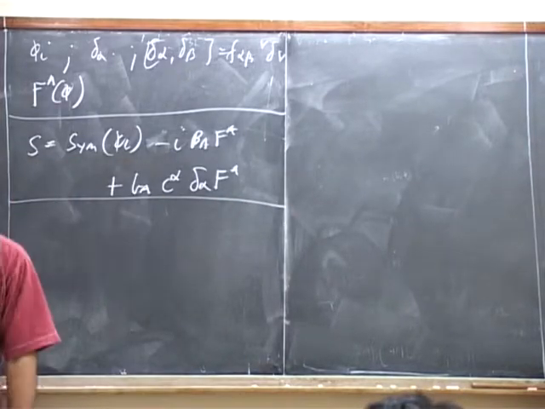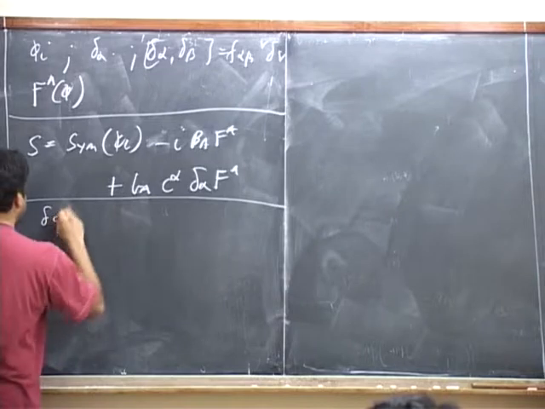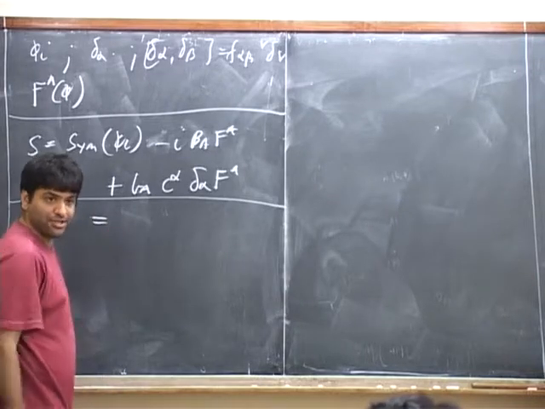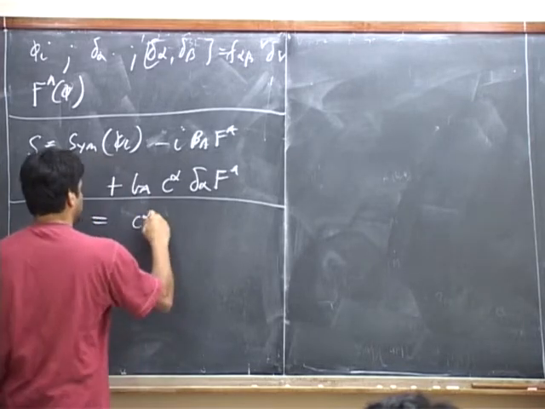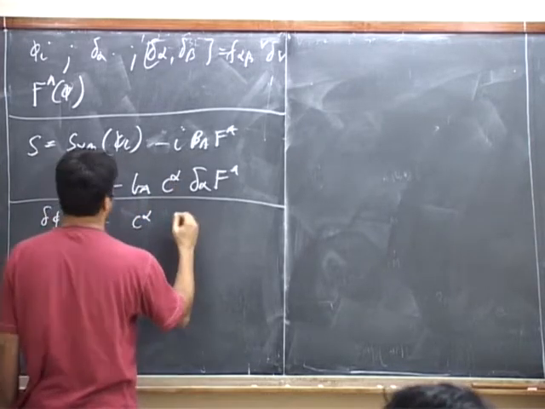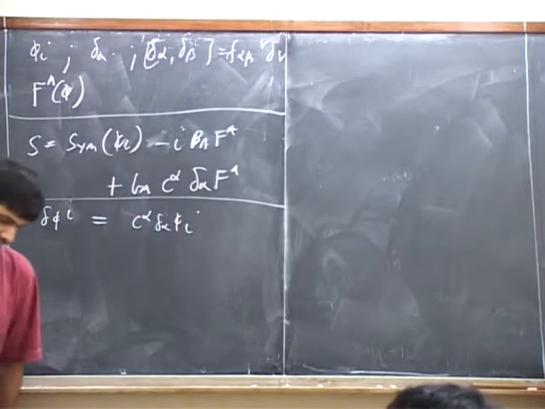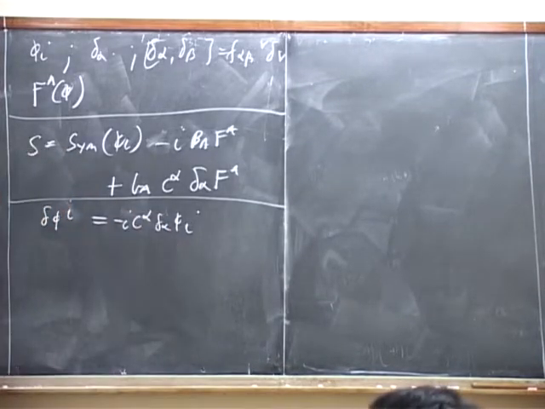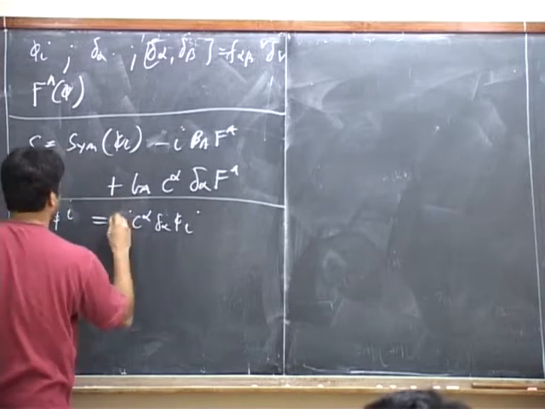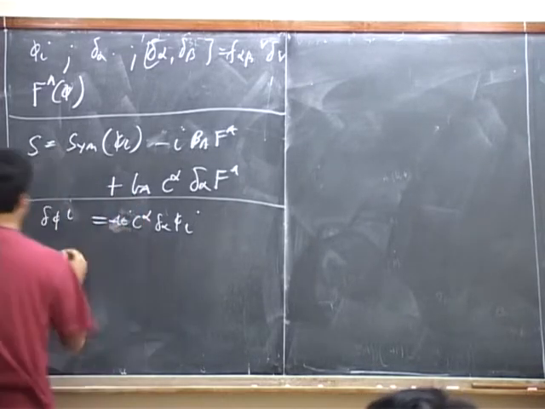And then we noticed that this action had the following symmetry, under the following transformation. Delta phi I was a gauge transformation generated by the gauge parameter c alpha, c alpha delta alpha phi I. If we stick to Polchinski's convention, there's a minus i here, and also an overall anti-commuting parameter epsilon.